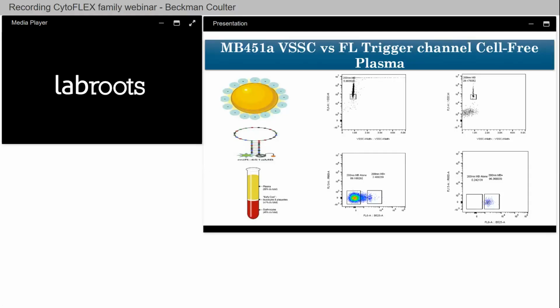So then what we did is we took our plasma once again, and we added our beads that had the biotinylated beacon for microRNA 451, added that to the plasma to see, could we pick up free microRNA within the plasma and sort it. As you can see, we have the beads that we located. It looks messy, I will admit, because again, plasma is not the greatest thing to work with in this type of scenario.